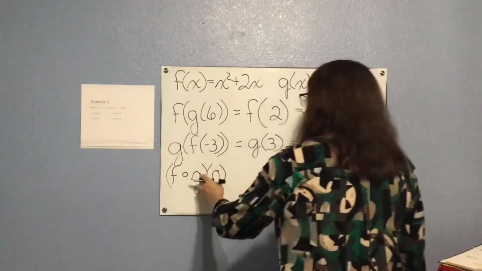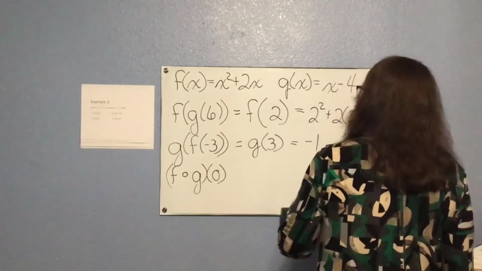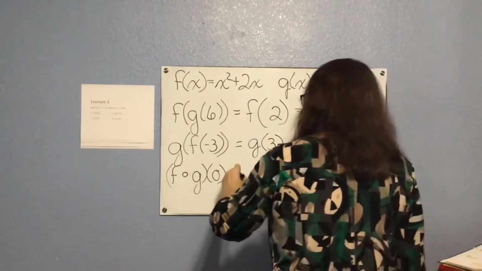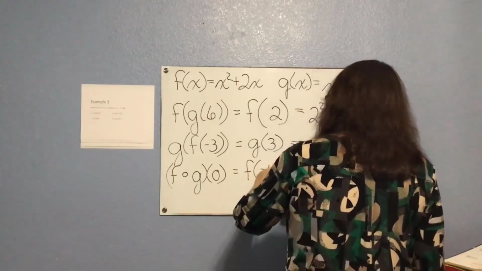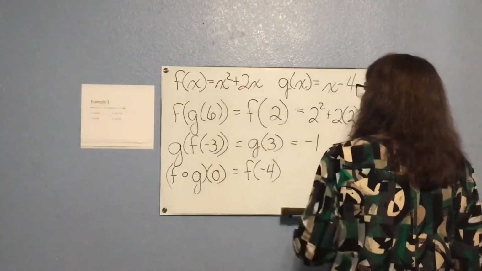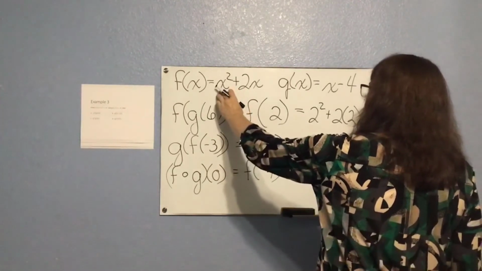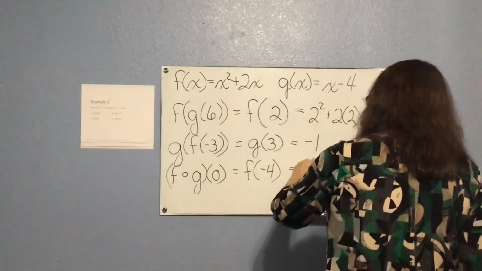I'm going to do the same thing. I'm going to find first g of 0. Well, if I put 0 here, I get 0 minus 4, so this is f of negative 4. And I put negative 4 back into this function. I'm going to get 16 minus 8, so that's 8.